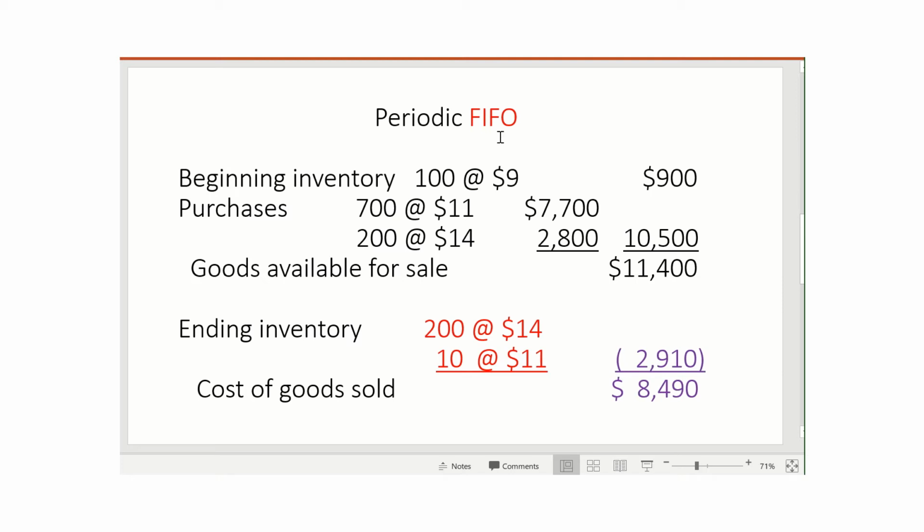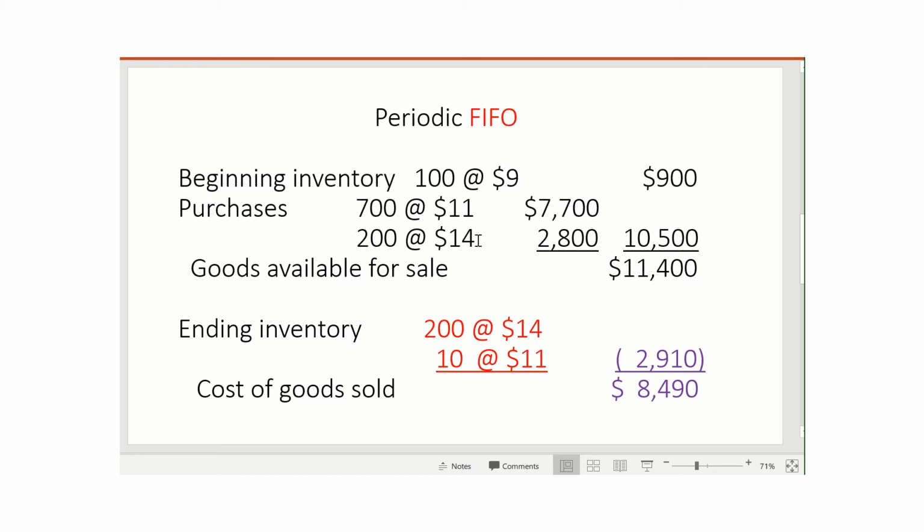What do we assume they cost? If this is a FIFO system, then what we do is we assume that the first ones go to cost of goods sold, and then as you get further along, the last ones are still in ending inventory. So what you want to know is which ones do we assume, if you're using FIFO, are in ending inventory.